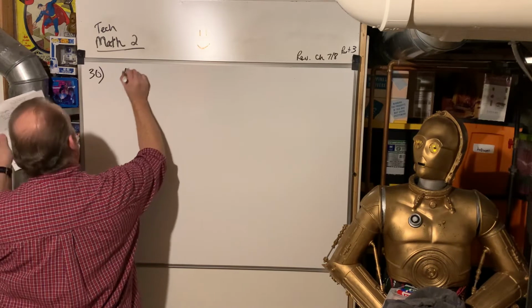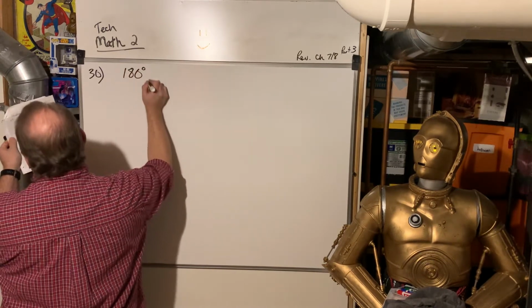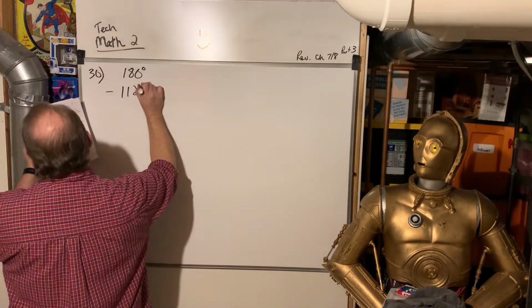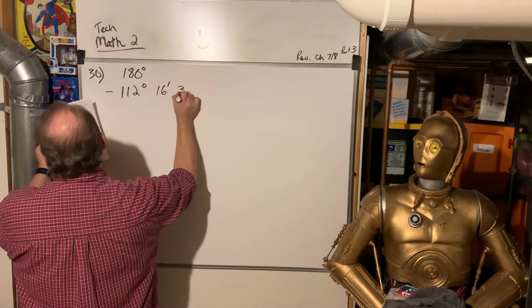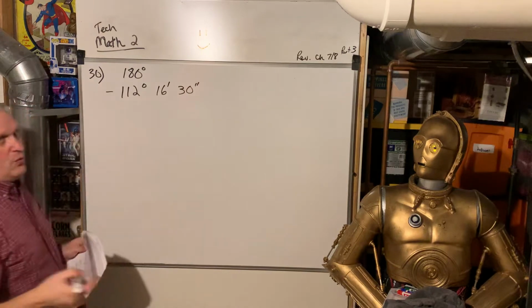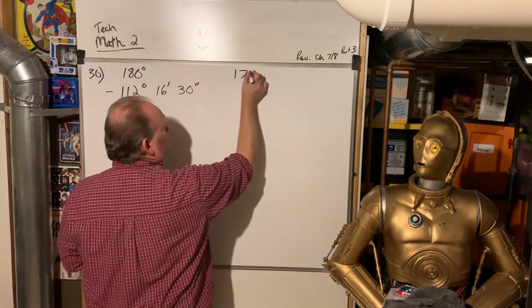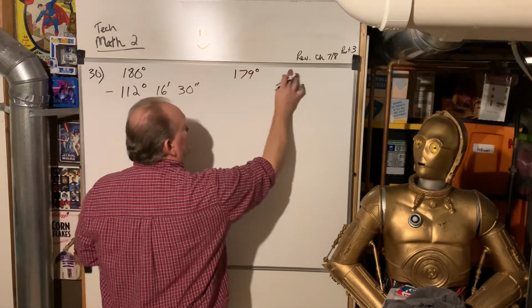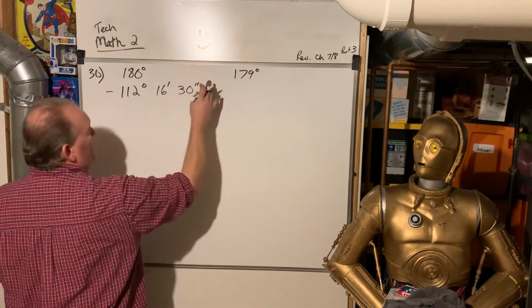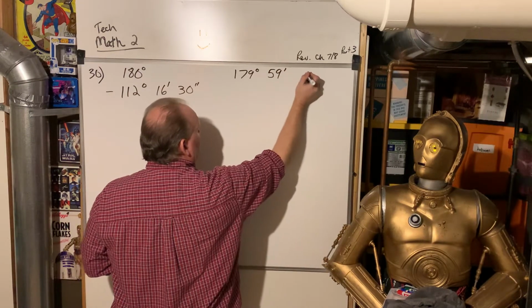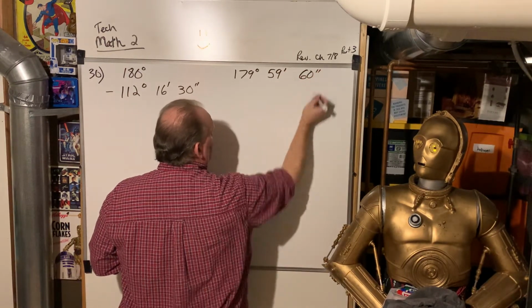So 30, they got 180 degrees, and they want us to subtract 112 degrees, 16 minutes, and 30 seconds. The way that you do that is you borrow a degree. So 179 degrees, that leaves 60 minutes, but we also have to take one of those, 59 minutes, 60 seconds.